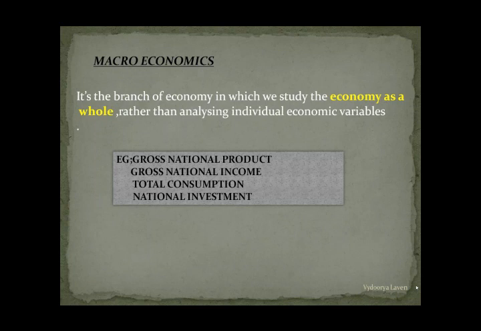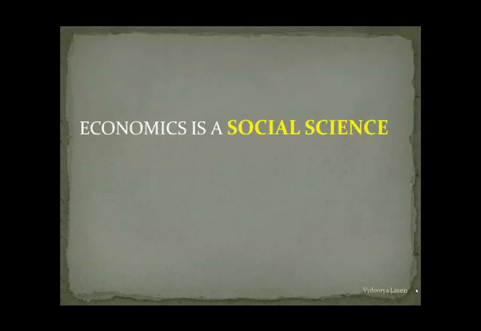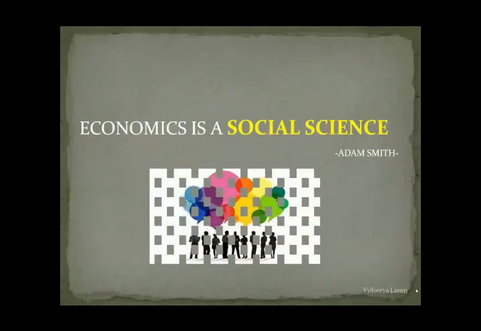Whereas in microeconomics, we inquire only about the production of commodities for a certain group, here it is a sum of all such groups of people. In microeconomics we study the individual economic variables, but in macroeconomics we study the sum of all individual economic variables. And now, economics is a social science.